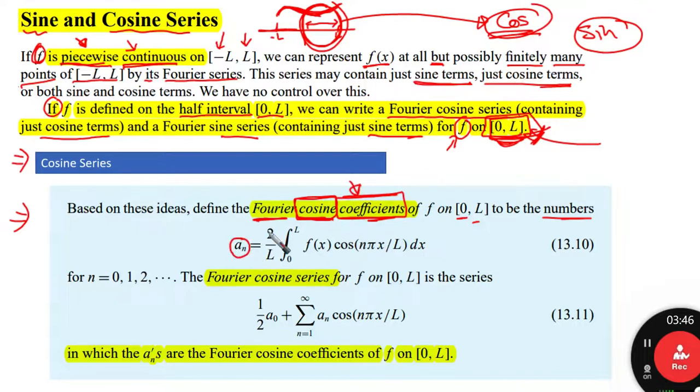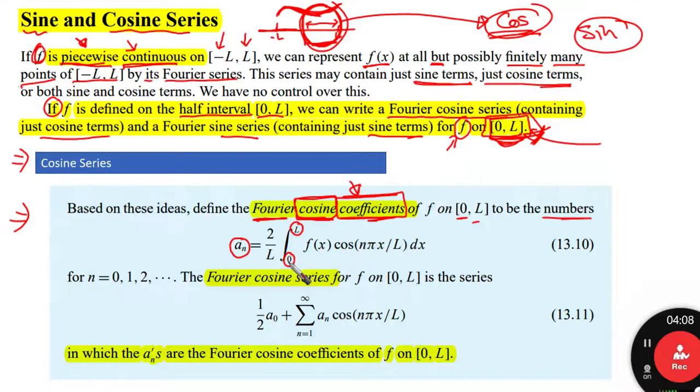A_n equals 2 over L times the integration from 0 to L. Take care of the integration limits now. It's not minus L here, it is 0. As we said, we're talking about half of the interval.